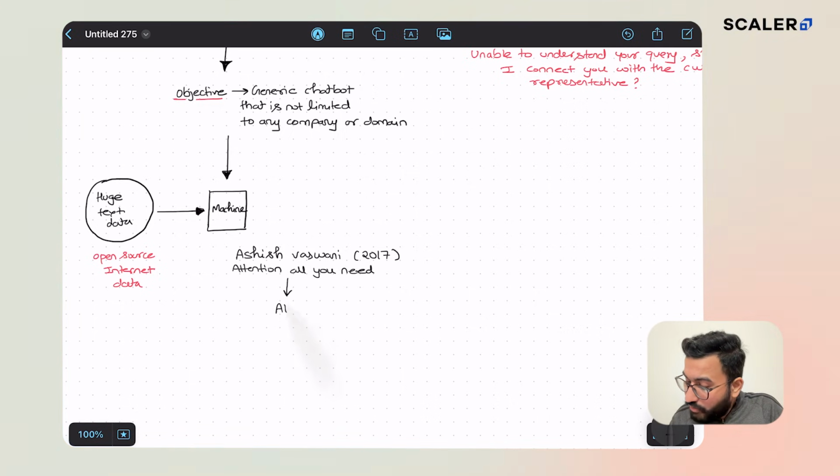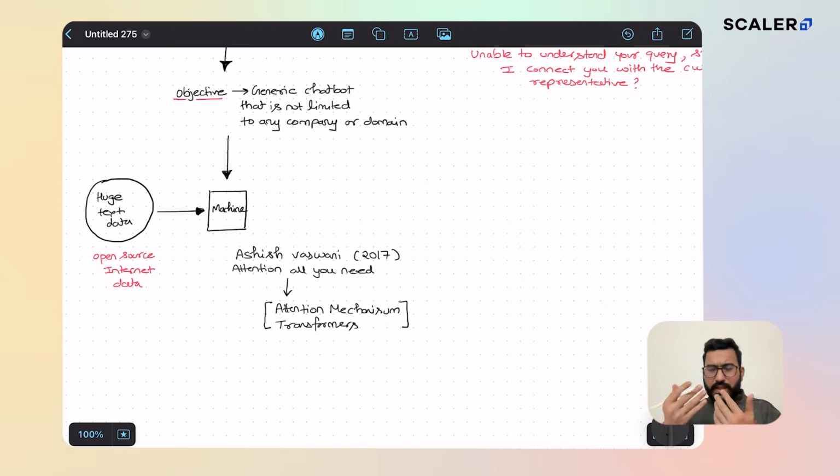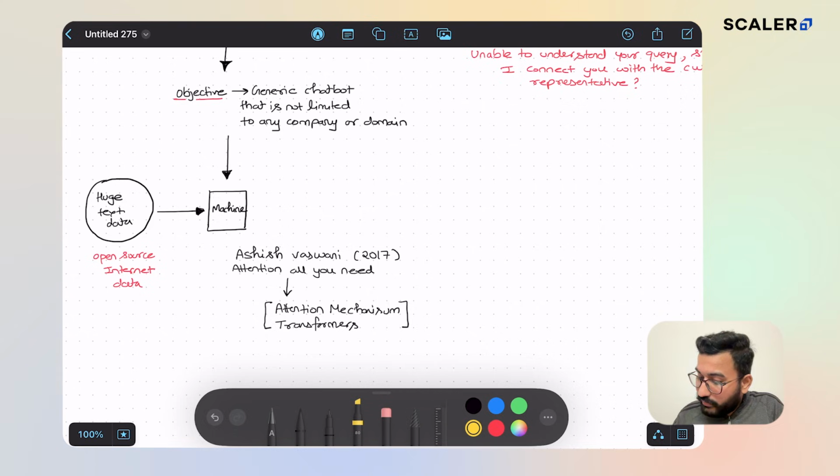One was the attention mechanism, and one was the usage of transformers. Now, those of you who are thinking, what is attention? What is a transformer? In simple plain English, these two things are the techniques which help the scientists to carry out this process.